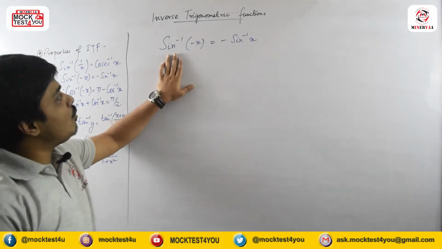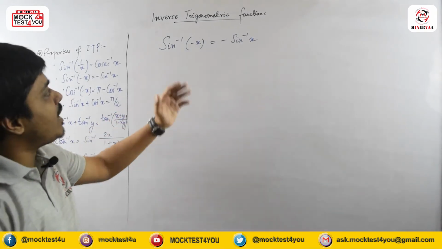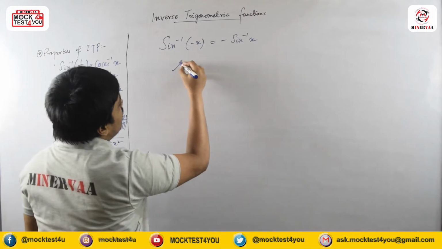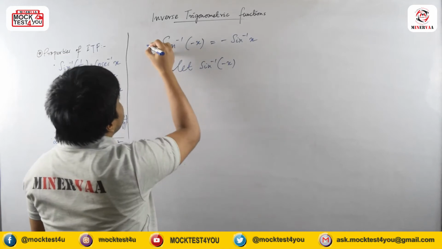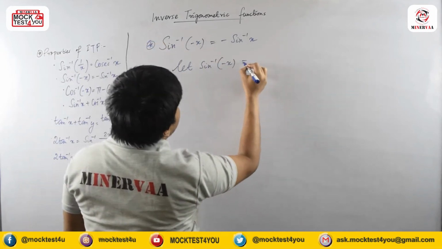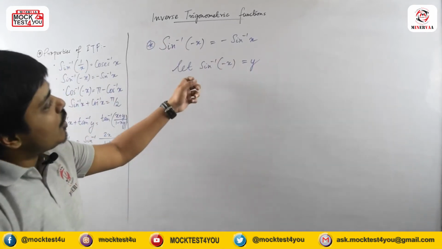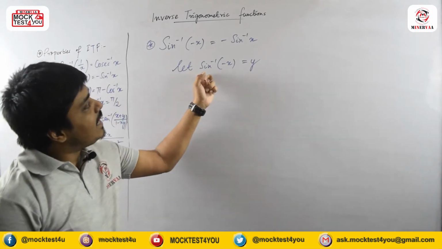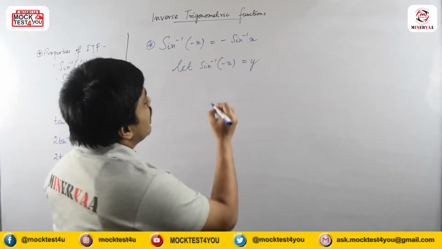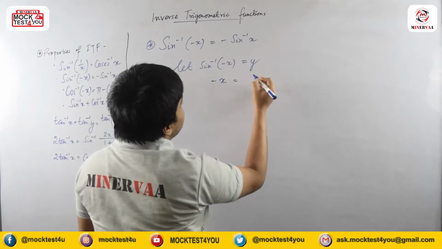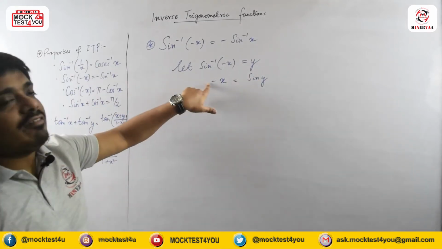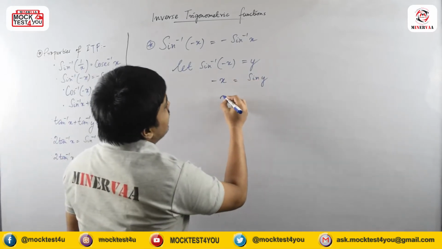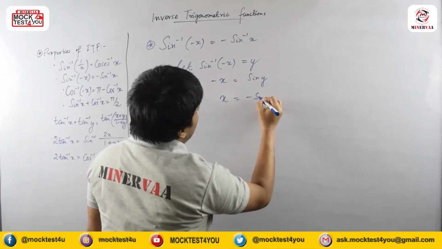First thing, in order to prove this formula, I will write: let sine inverse minus x is equal to y. After writing this, I will take this sine inverse to that side. So I will write minus x is equal to sine y. Now again, I will take this minus to that side. So I get x is equal to minus sine y.